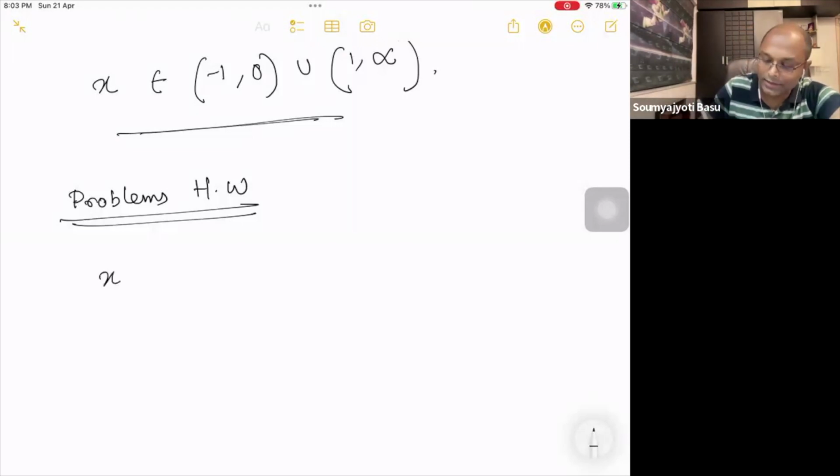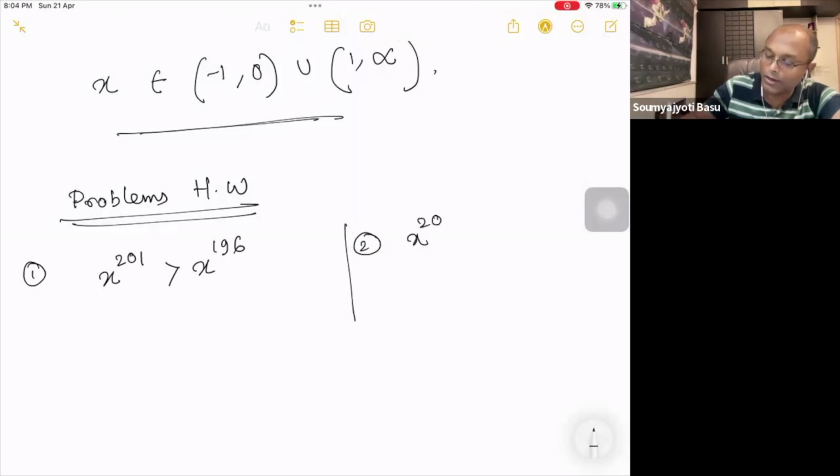So this is x to the power 201 greater than x to the power 196. I have reduced the degree by one more notch. And the second problem that I have for homework for you is this: x to the power 201 greater than x to the power 195.